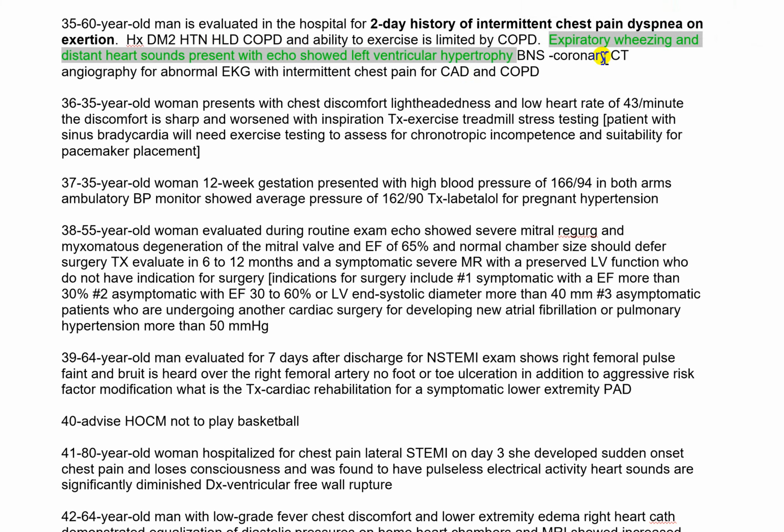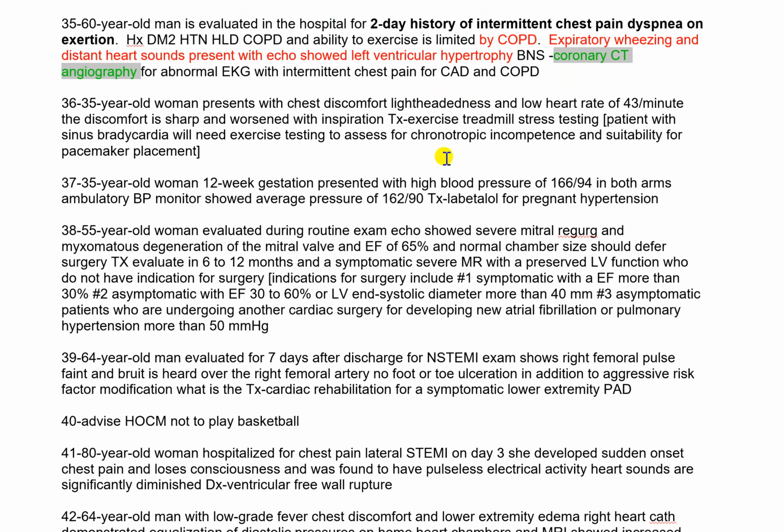So whenever there's expiratory wheezing and some sort of dyspnea, shortness of breath, and he has COPD, what do you think could be causing that? And there's a left ventricular hypertrophy. So what would be your best next step for this patient?